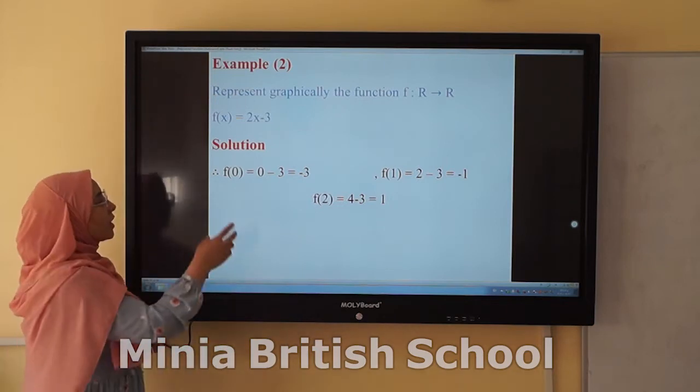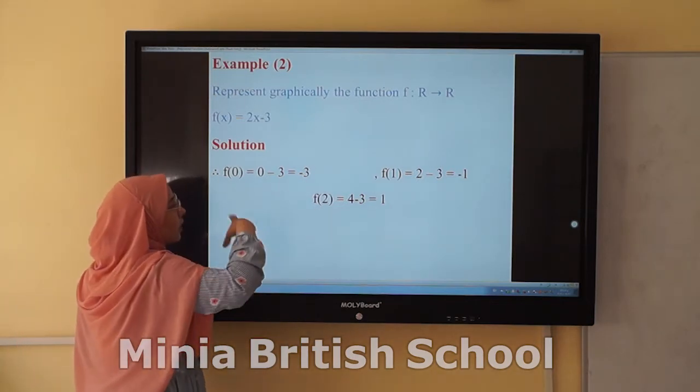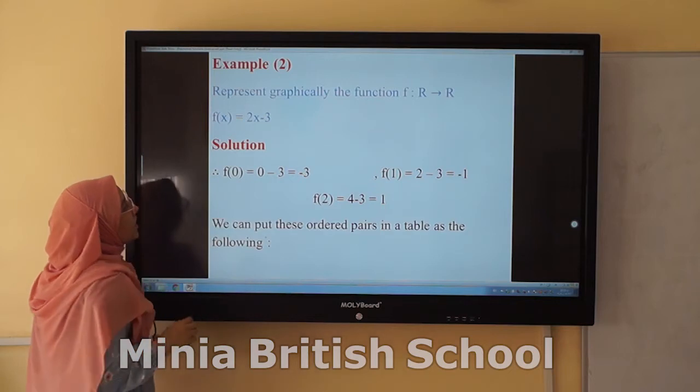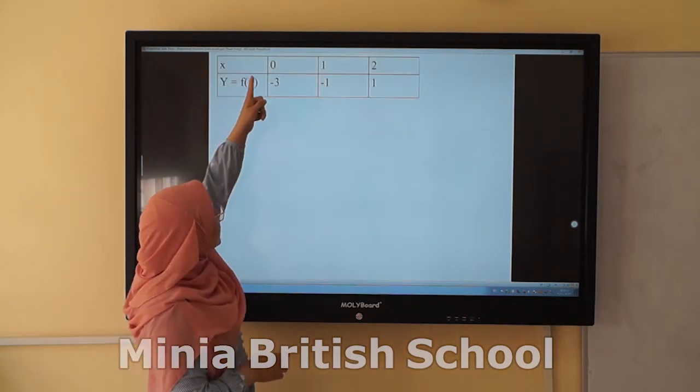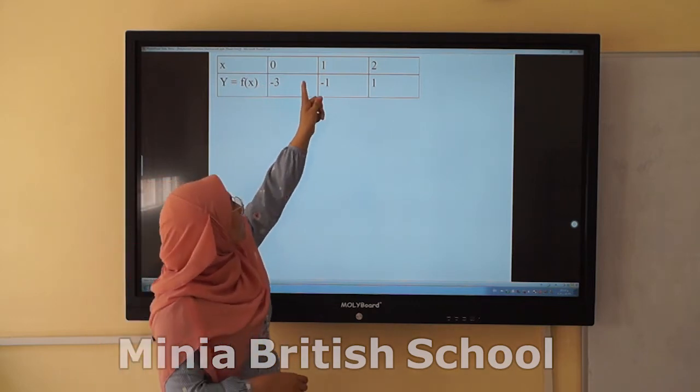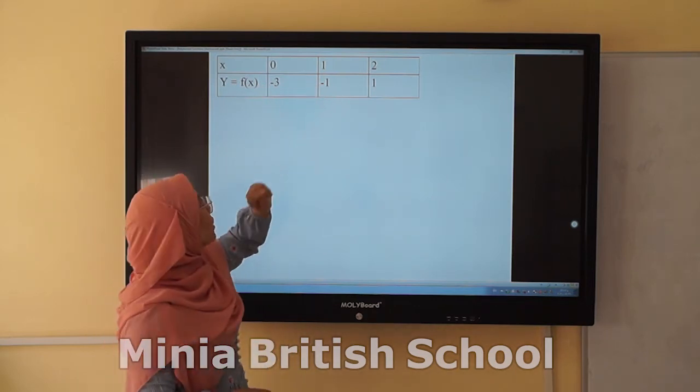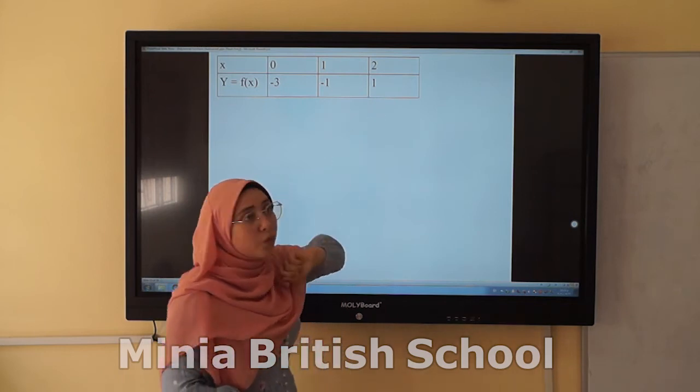We can write these ordered pairs in one table like this: x equals 0, y equals -3; x equals 1, y equals -1; x equals 2, y equals 1.